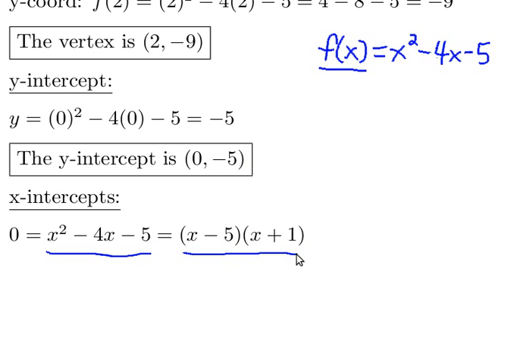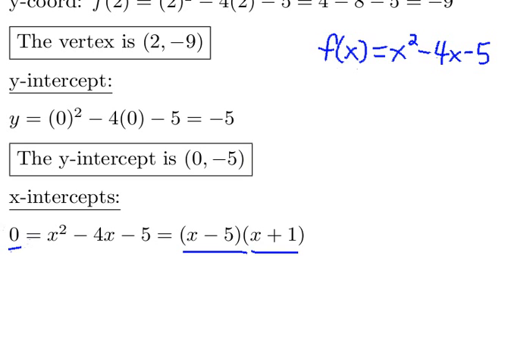Oh, I almost accidentally cleared all that off. Did not mean to do that. That would have been bad. Okay, so what I did here is I replaced the y with 0. We have y is 0 right here. And now we're solving for x. So we have x minus 5 equals 0, or x plus 1 equals 0.